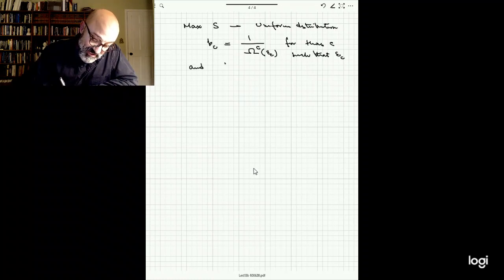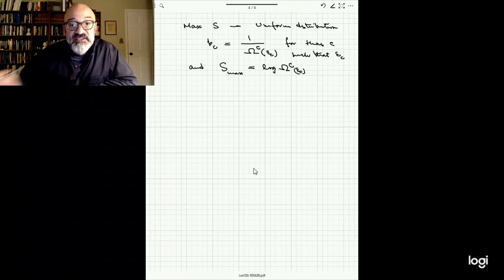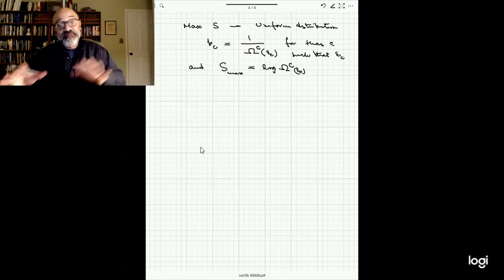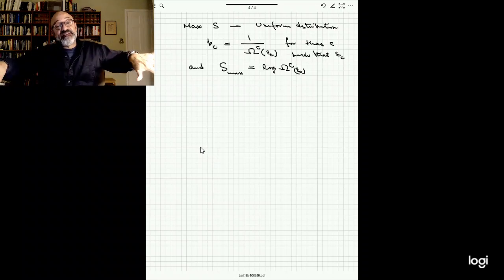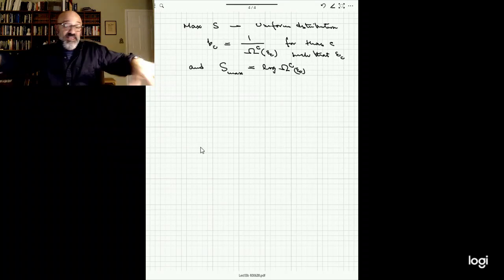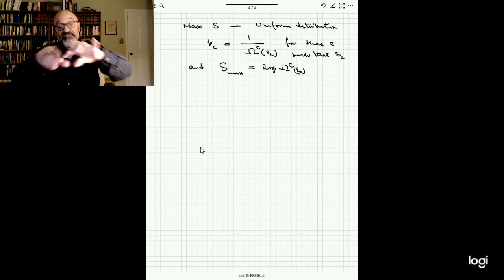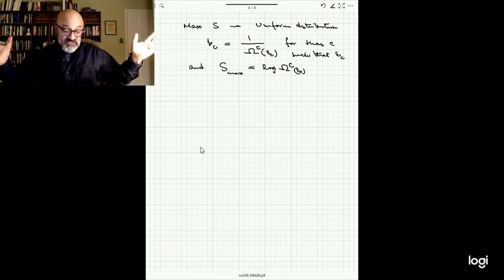The entropy of this maximization is just going to be the log of this number. So this is the place where we do the maximum entropy. The maximum entropy principle basically says, look, get rid of all the states that you know are not there because they have the wrong energy, not E_C. For the remaining ones, it's just going to be uniform over those. That's all there is to it.